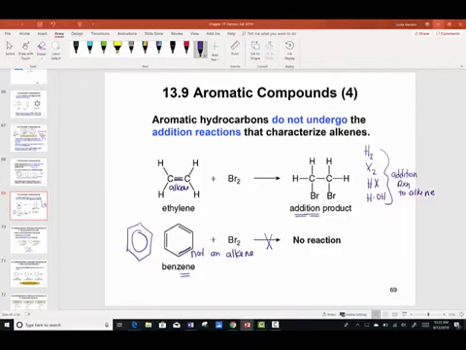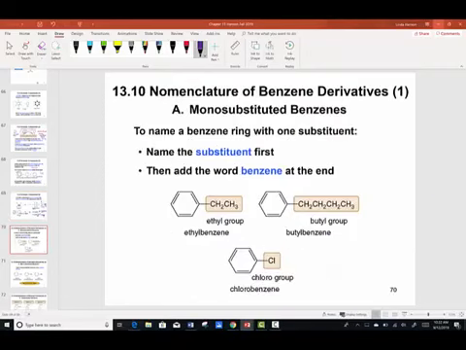Now in a moment, when we get that far, it will undergo substitution, and we'll practice those, but no to addition. There are no addition reactions for benzene because they are not true double bonds, but we are allowed to do substitution reactions just as the alkane family also performed. And that was from chapter 12.